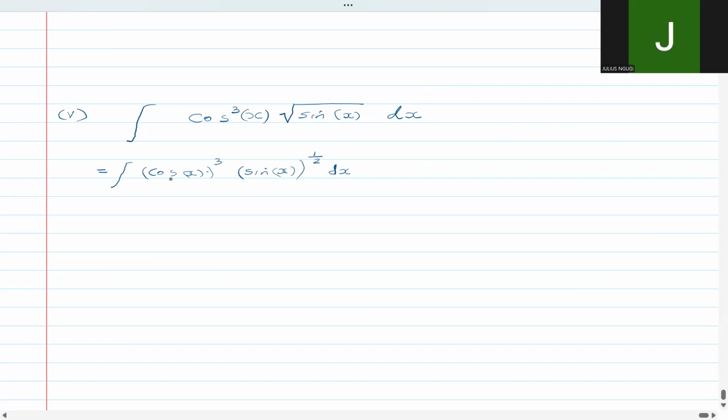And then we can split cosine of x to have 2 copies times 1 copy of cosine. Then sine.